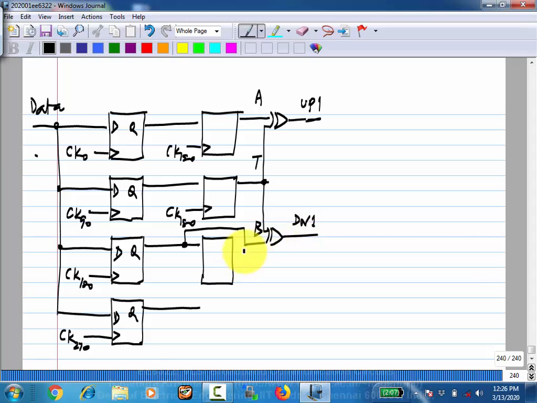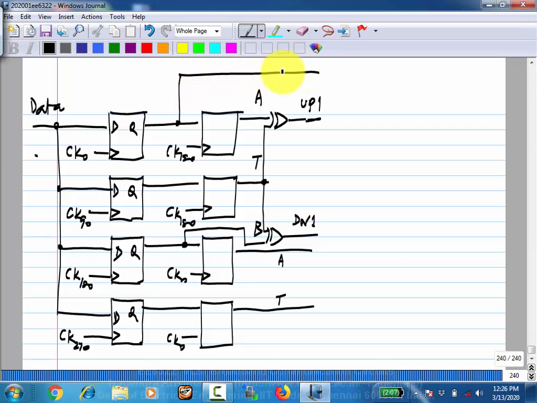It will be like this, and so now for this again, these will be time aligned samples. This will be A, this will be T, and this will be B, right? I will bring it down.